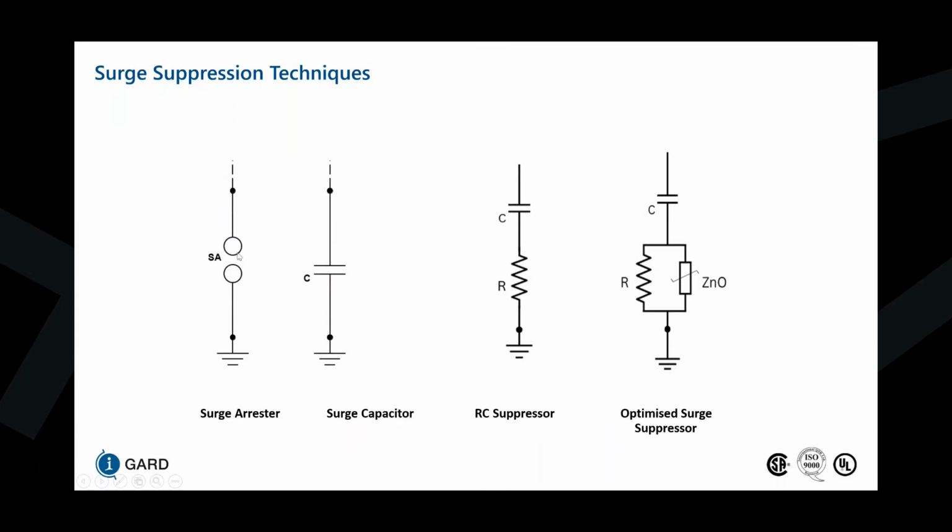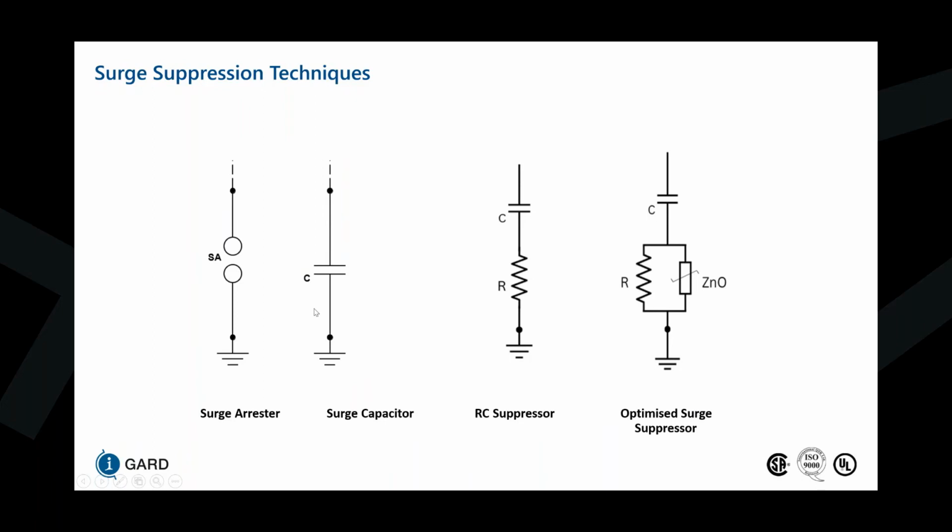Surge arresters typically have a spark gap between 2 points, and in normal operation for the system, this spark gap acts as an open circuit, so no current is really flowing through this spark gap in normal operation. But when a transient occurs, there's an electrical breakdown between the air between these 2 points so that the energy from the transient can be diverted to ground.